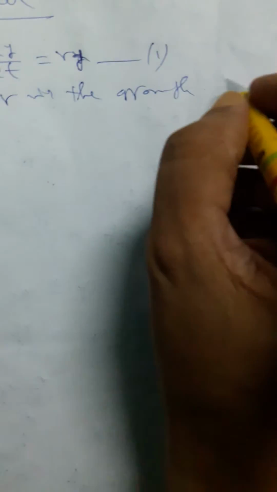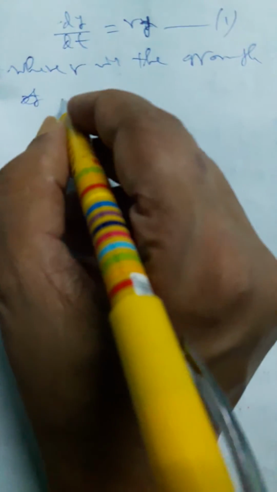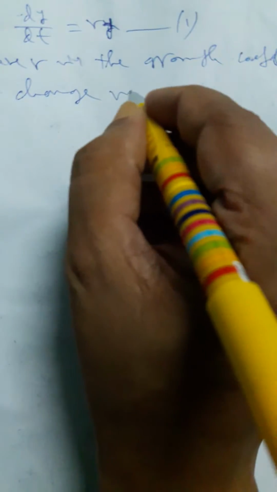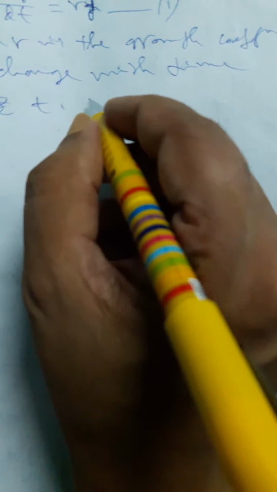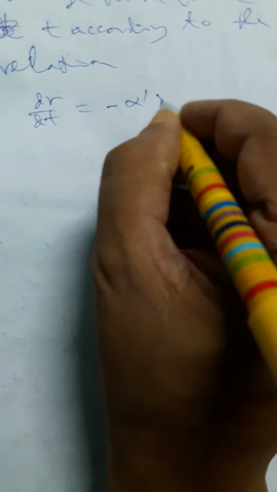r is the growth coefficient of time t, that changes with time t, with the initial condition and according to the relation, we can say that r changes with time t according to the relation dr/dt equals minus alpha dash r.